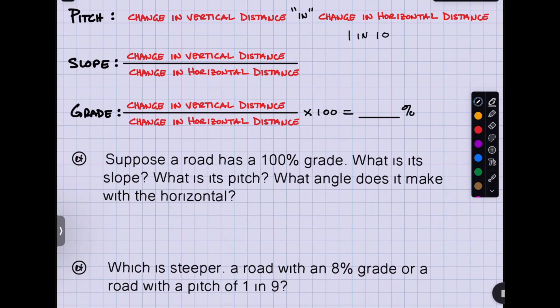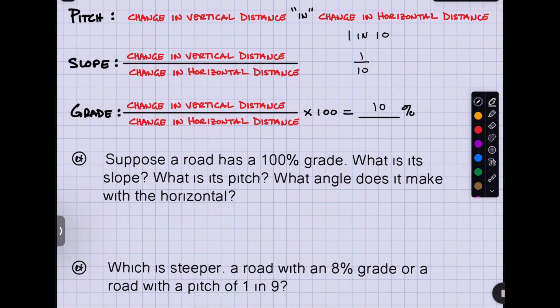Right? So in terms of slope, that'll be 1 over 10. And what's 1 over 10 multiplied by 100? That's going to be 10%.